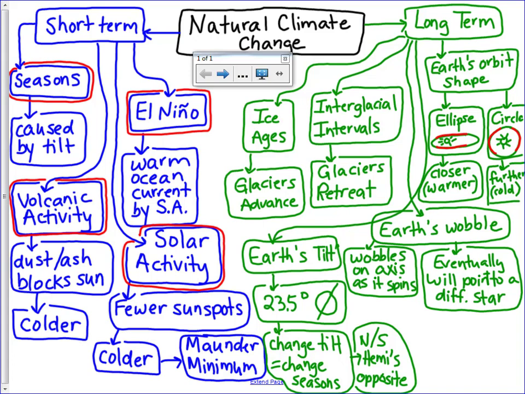When that happens, and this is a very long-term climate change, this would be about 26,000 years in between one star and the other. But eventually, if it points to a different star, that is going to switch the direction of the tilt.